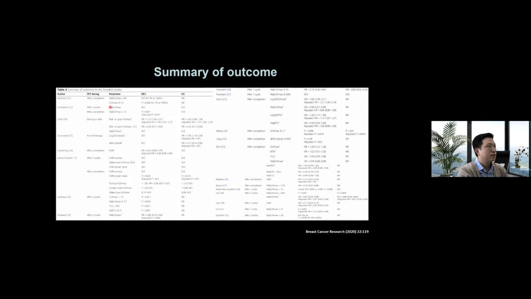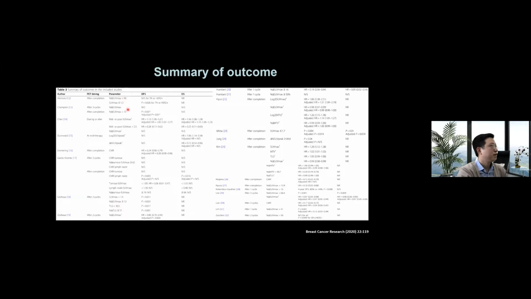And these studies are actually quite heterogeneous. Some studies used percent SUV max reduction rate, some used complete metabolic response, and some used percent reduction in TLG or SUV peak. And the cutoffs were all different.